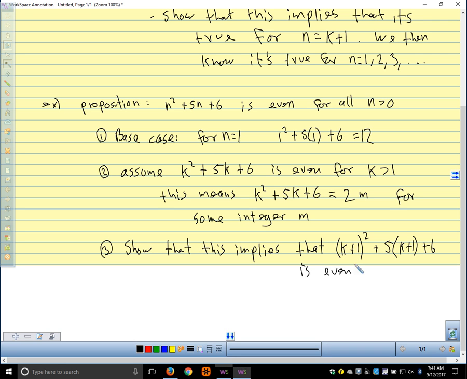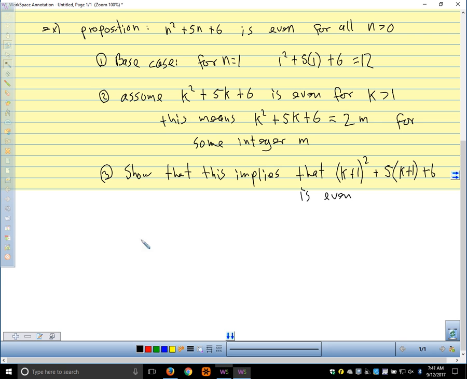So if this is true, we want to show then that it's also true for the next one, the next integer beyond k. All right, so what we're going to do is perform this operation, and then we're going to be able to gather some things together and make a substitution.